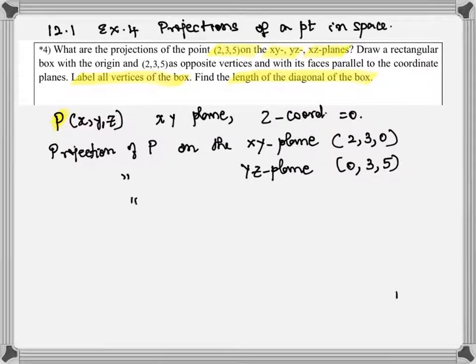The projection of the point on the xz plane is the foot of the perpendicular from the point P to the xz plane, and any point on the xz plane will have its y coordinate 0. So it will be (2, 0, 5).